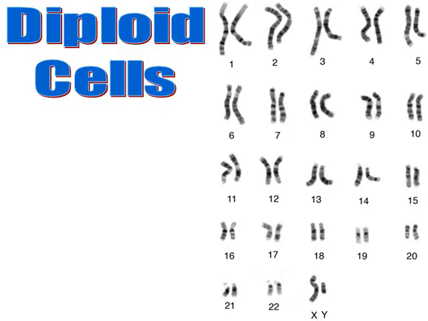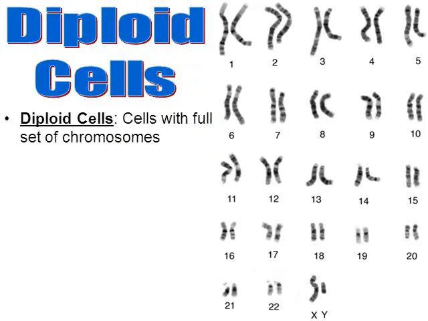There's two big broad categories of cells that are known as diploid cells and haploid cells. When we look at this picture, this is a karyotype of a diploid cell. Diploid cells are cells with the full or the complete set of chromosomes. Notice how there's 2 chromosome 1s and 2 chromosome 2s and 2 chromosome 3s. 2 of everything because we have 2 parents. You inherit 1 chromosome number 1 from your mother, 1 chromosome number 1 from your father.